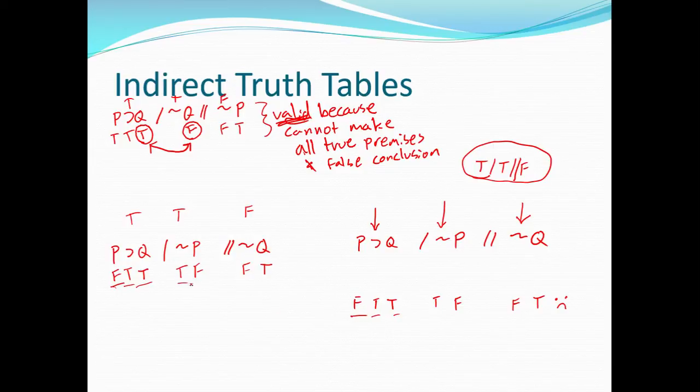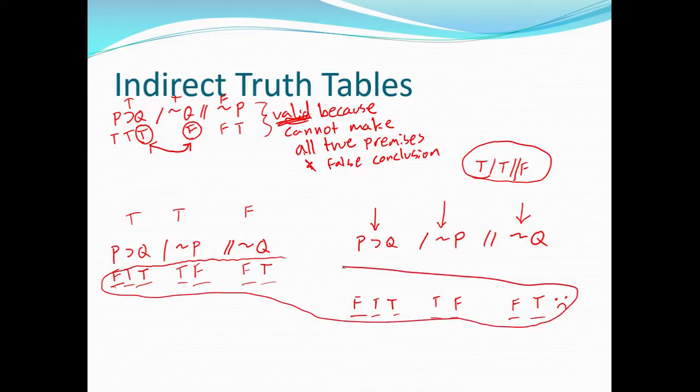That matches true, false, false. That matches false, true, true. That matches. So the indirect truth table, once again, just kind of forces the problematic row to show itself for your argument. That's a pretty interesting way of kind of shortcutting the long truth table method. It takes some practice, but it's a cool way of going a little bit quicker.